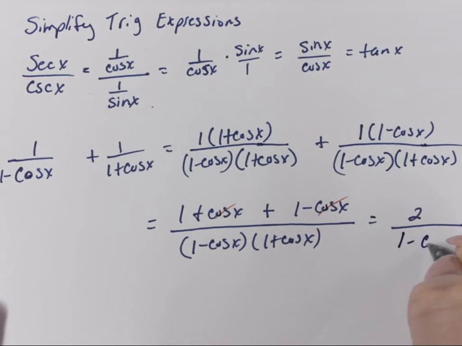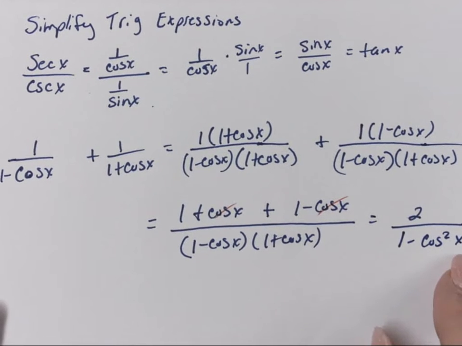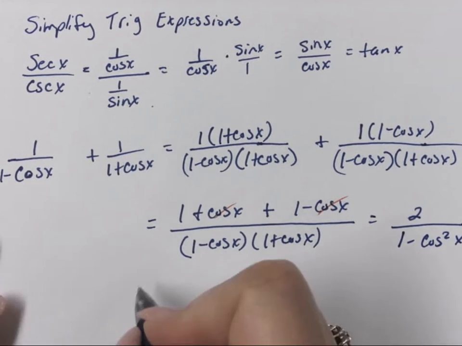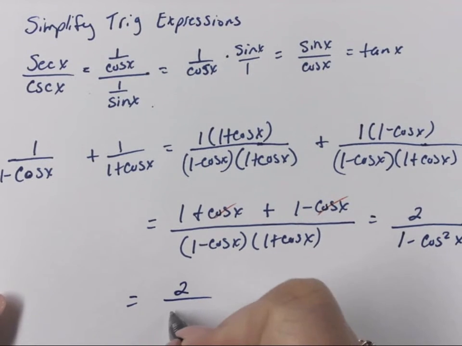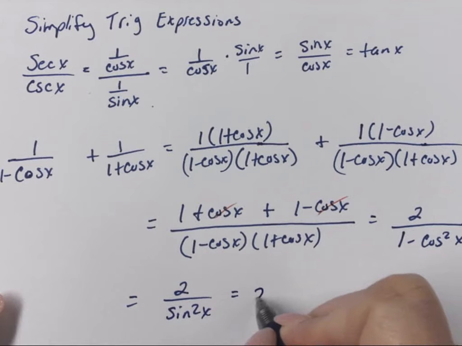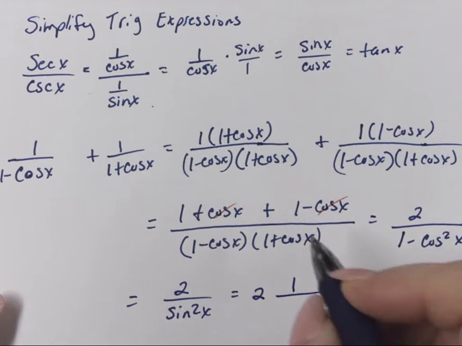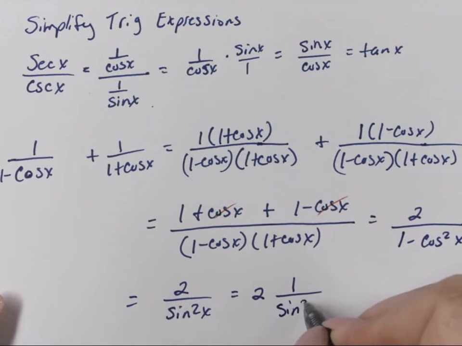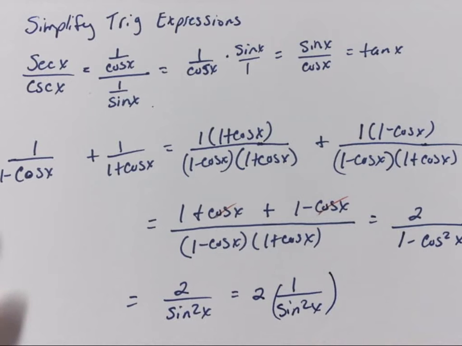All right, our next problem we're going to look at is cosine x times cosecant x divided by cotangent x. So again, I'm going to start this the same way by writing everything in terms of sine and cosine.